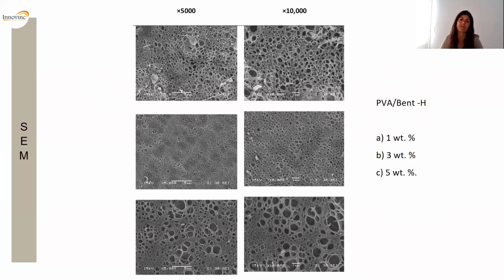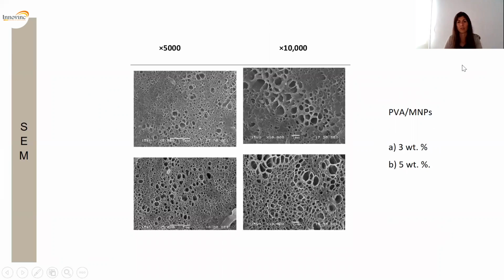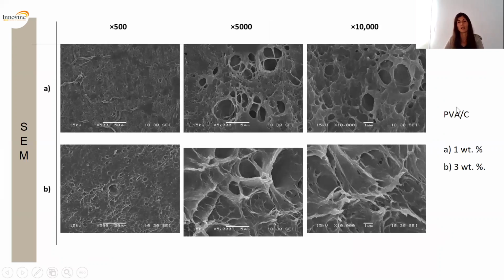We can see that we have well-defined pores, well distributed among all the samples. In here, we have the magnetic nanoparticle containing materials. We can see that in here, we also have well-established pores and a good distribution of them. And finally, we have these carbonaceous materials containing composite hydrogels. We have larger pores, but they are not well distributed.